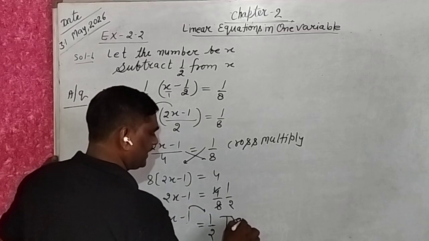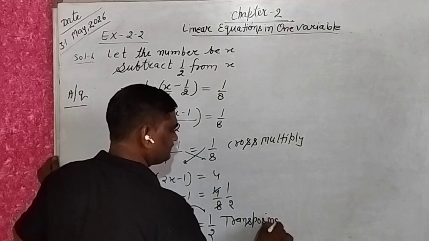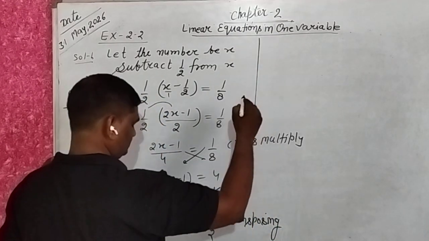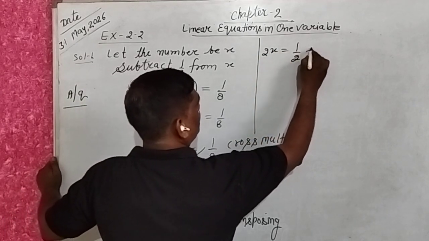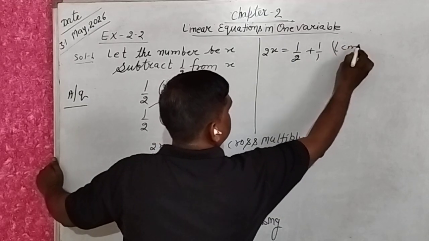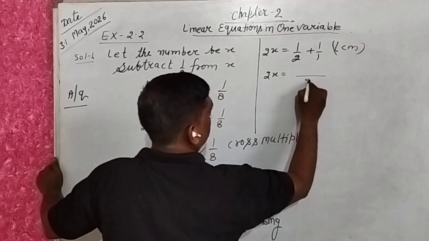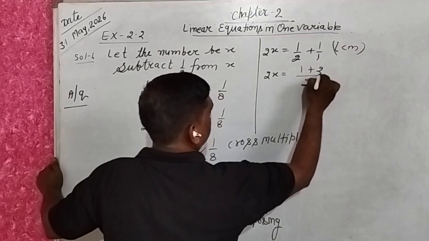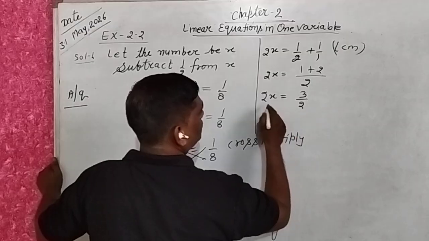Transposing minus 1, you get 2x is equal to 1 upon 2 plus 1. Then take the LCM. 2x is equal to 1 plus 2 upon 2, so 2x is equal to 3 upon 2.